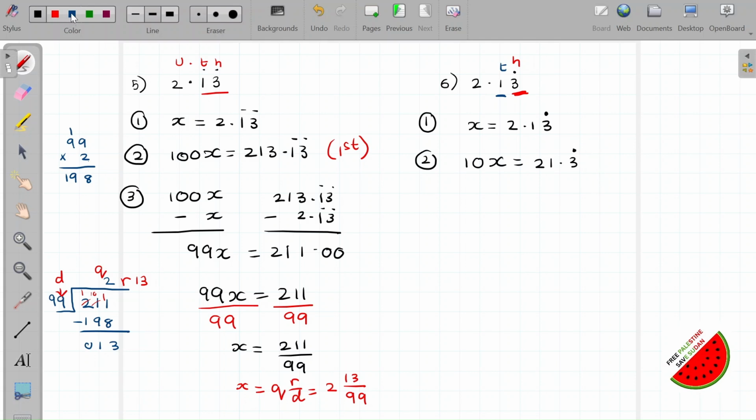So that was the first multiplication, and the second multiplication will be 100x, which will be 213.3 recurring.